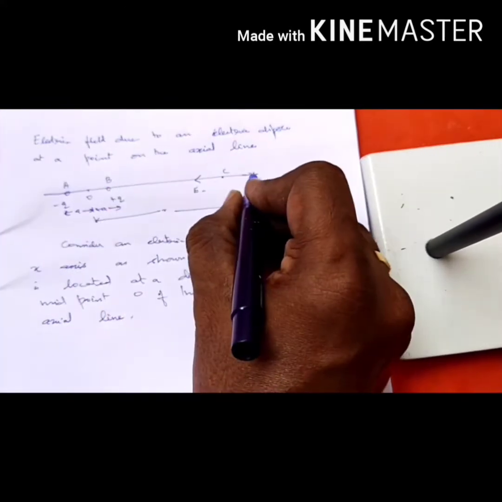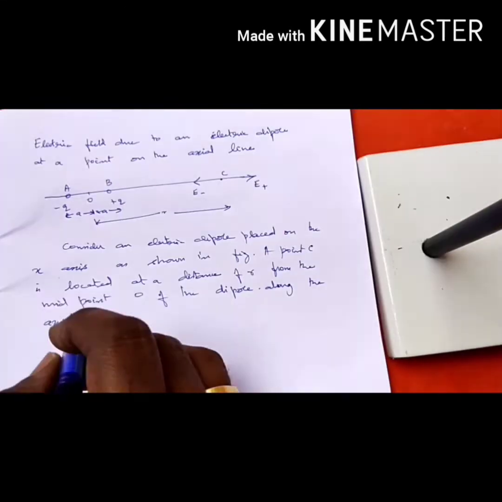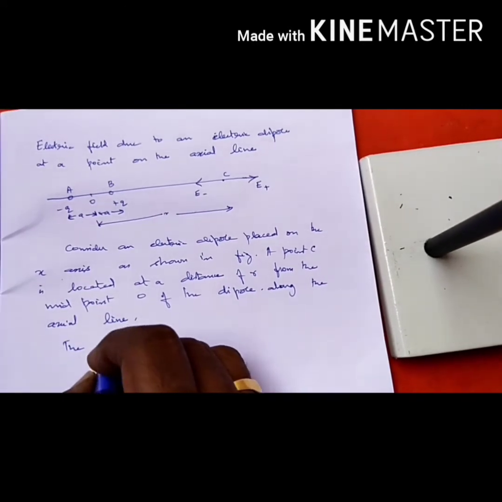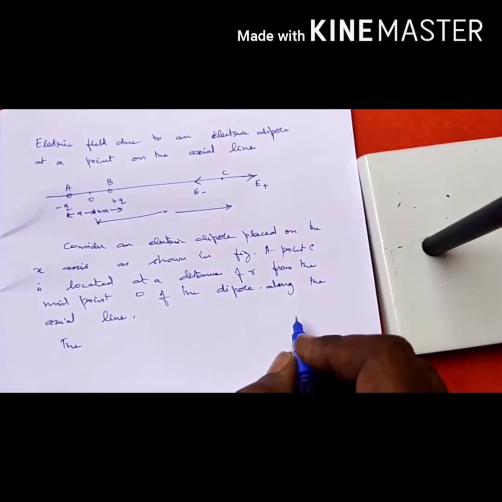E plus vector and E minus vector are the electric fields due to the charges plus Q and minus Q respectively. We can write the equation for electric field due to the charge plus Q.